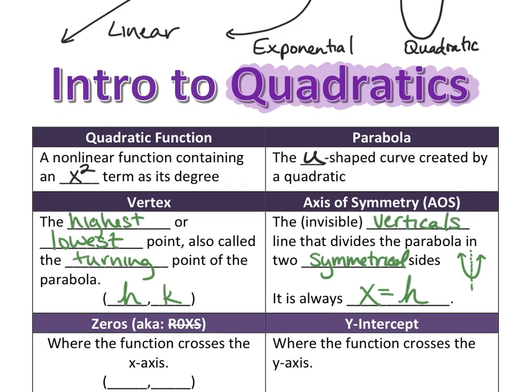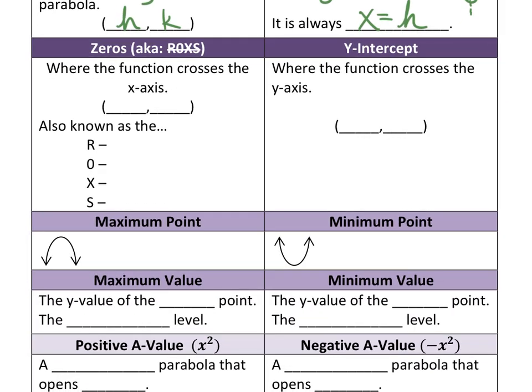The next vocabulary word we're going to discuss is the zeros of a function. We've kind of talked about this word already at some point this year. But the zero of a function is always going to be the number that the value is when it crosses the x-axis. There's like a bajillion words for the zero of a function. You're going to hear me call them all of them. You're going to have to memorize these ROX words.